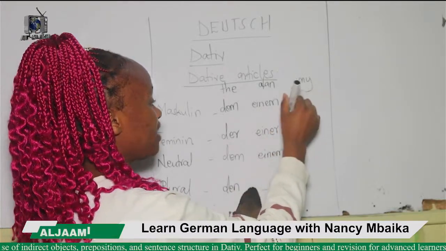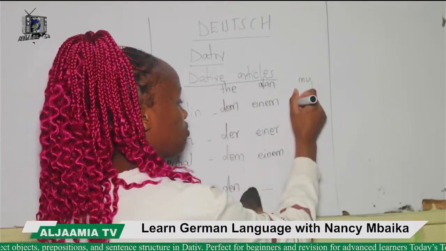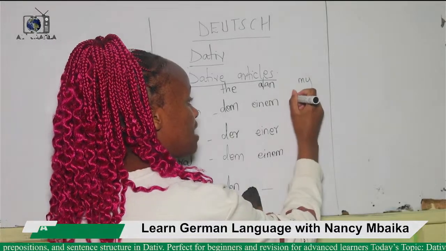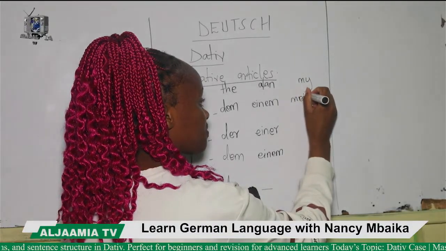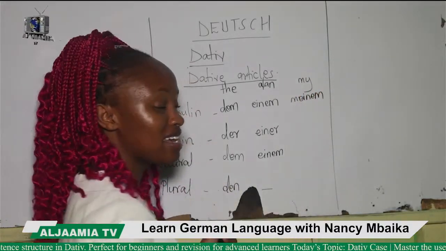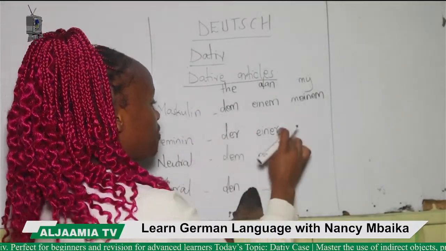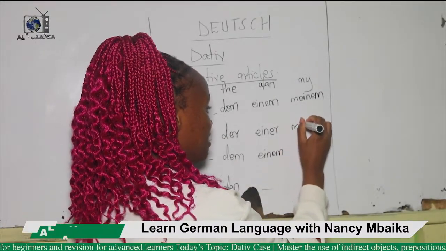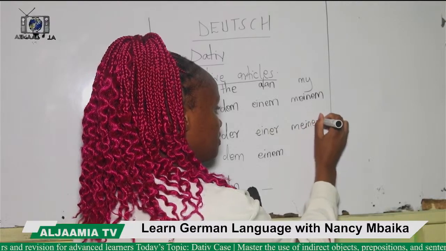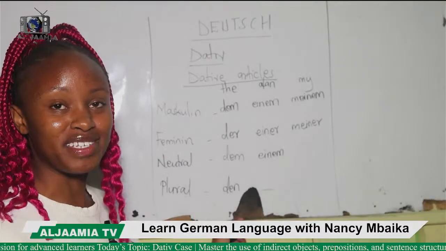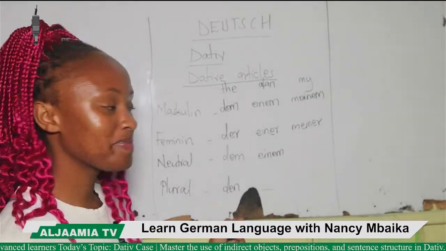Let's go to my. So also for my, in masculine it's going to be meinem. When you want to say my man, you're going to say meinem Mann. For feminine, it's going to be meiner. My woman, you're going to say meiner Frau.